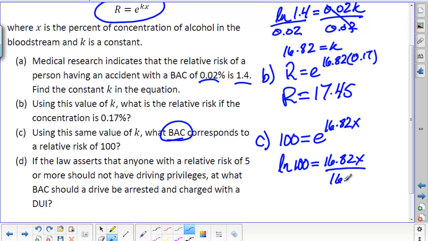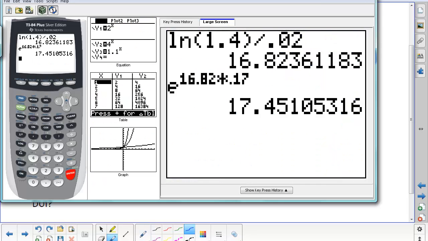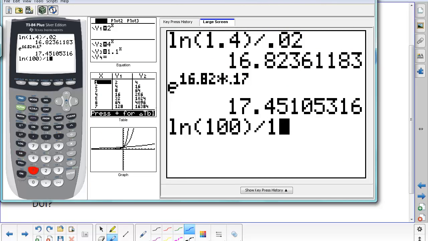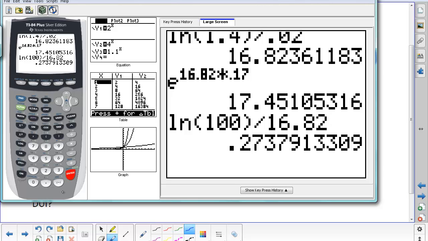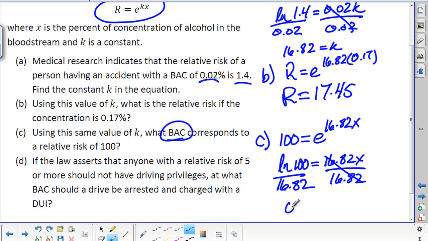Divide by 16.82. And whatever natural log of 100 divided by 16.82 is, we get 0.274 or 0.27. So that's a blood alcohol concentration of 0.27.